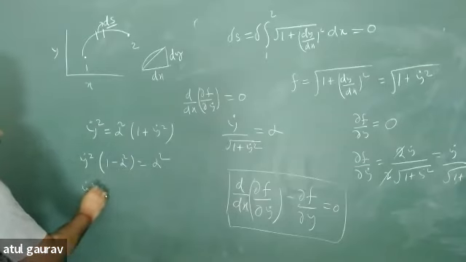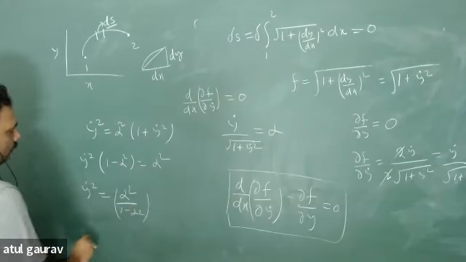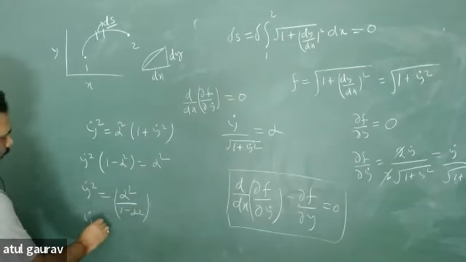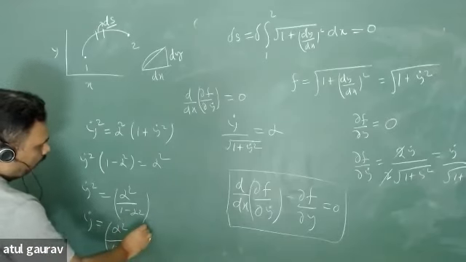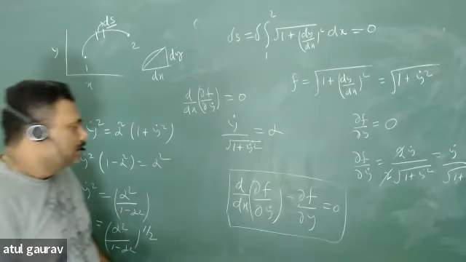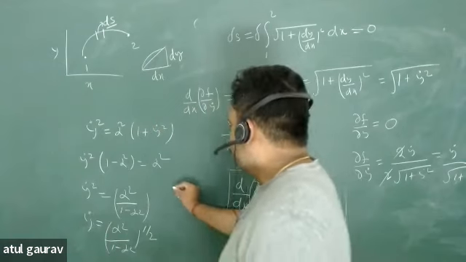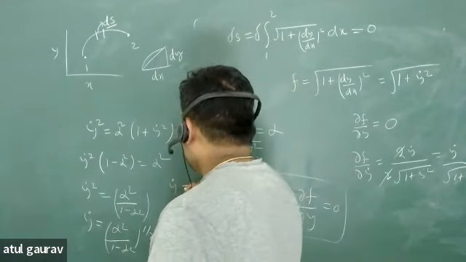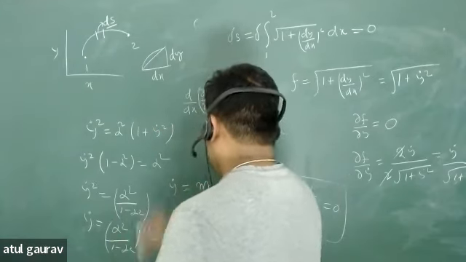So y dot square is equal to alpha square upon (1 minus alpha square), and y dot is alpha square upon (1 minus alpha square) to the power half. Constant by constant, I can say this is a constant, isn't it? So I can say y dot is equal to some constant, and let's say this constant is m.